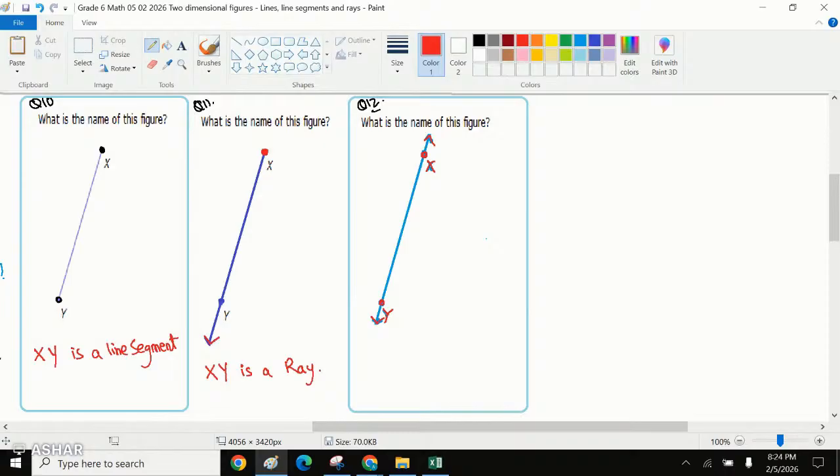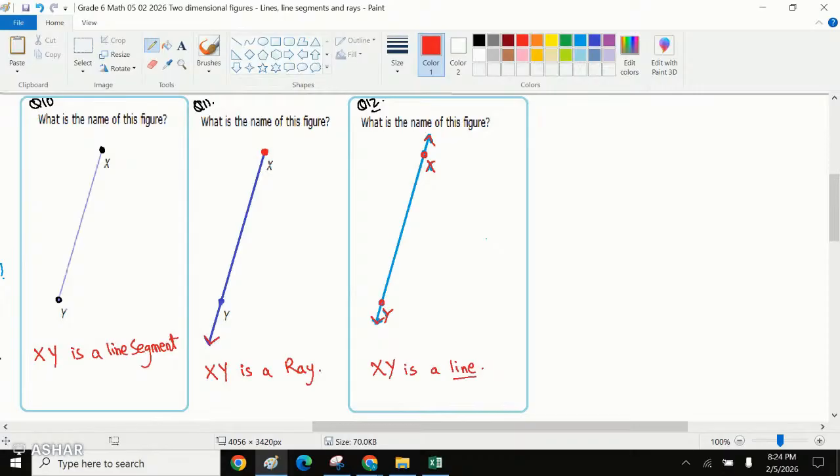And what about the last one? Yes, very good. The last one, XY is a line because they have not told us from where to where. So that means it can extend endlessly.